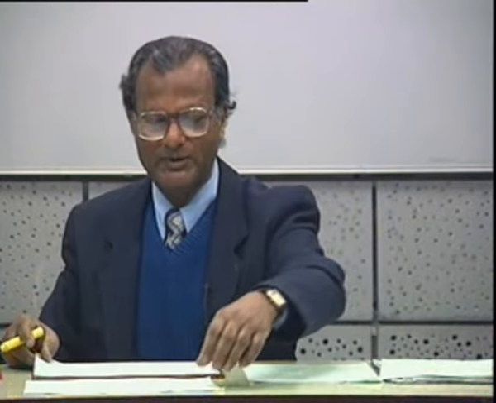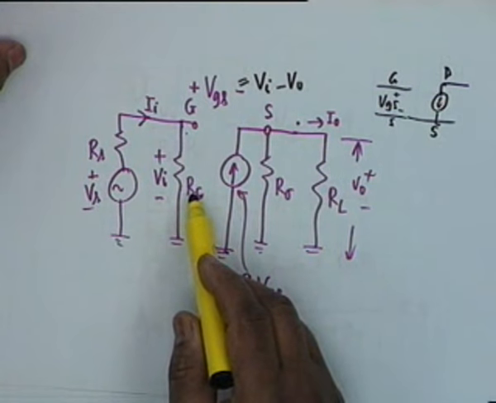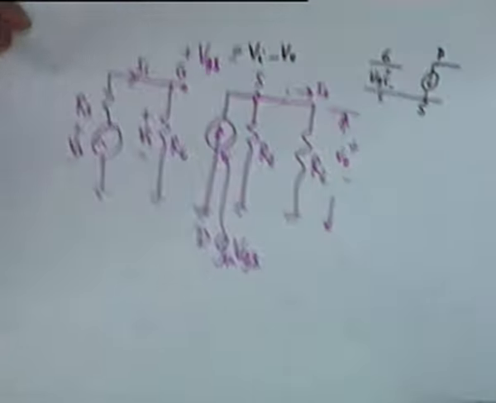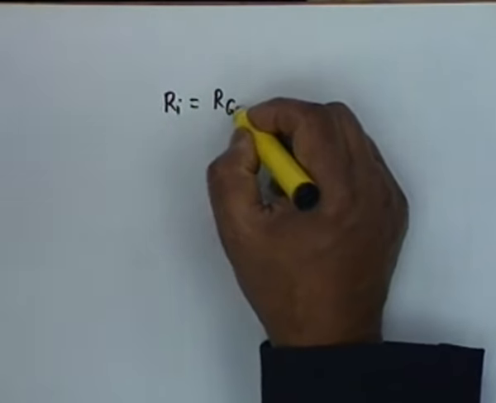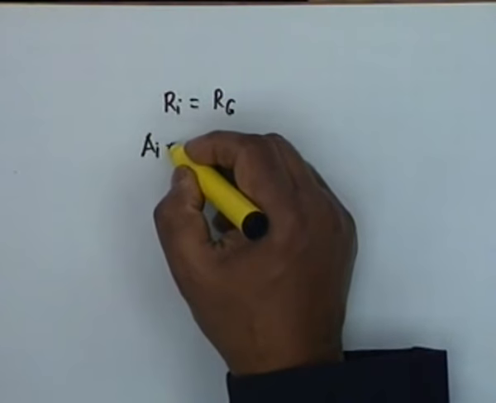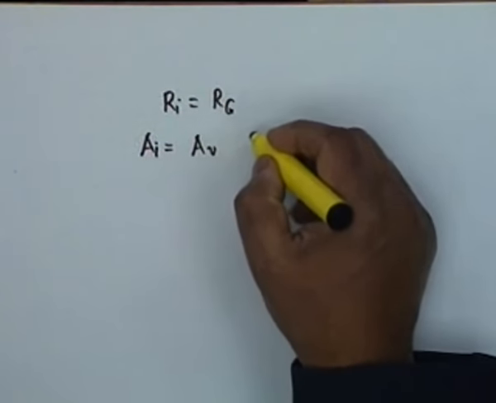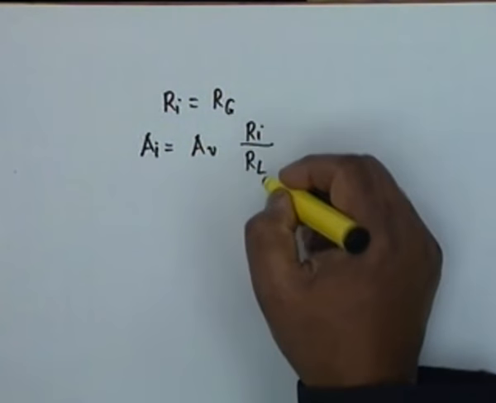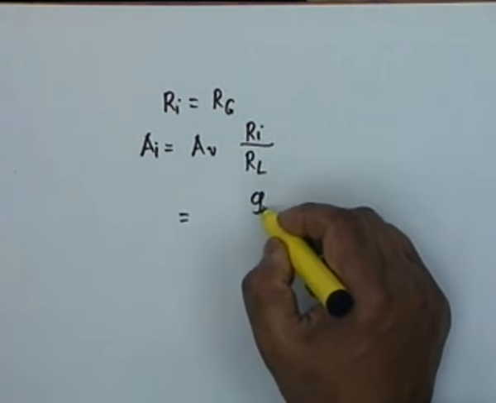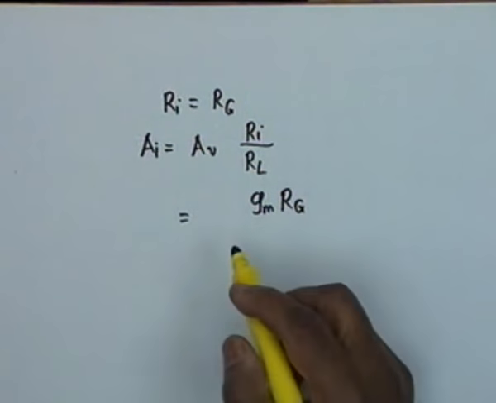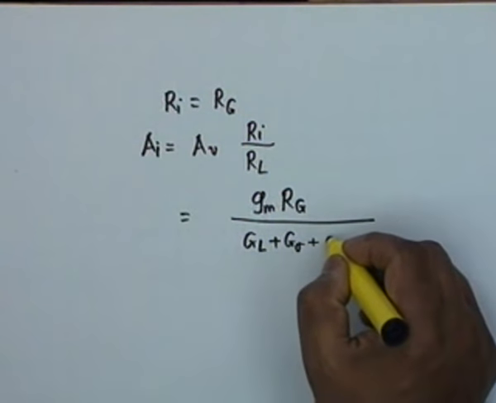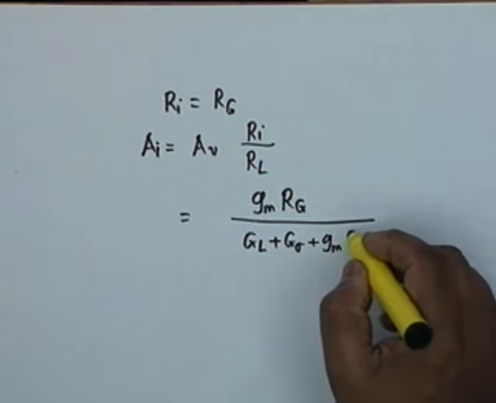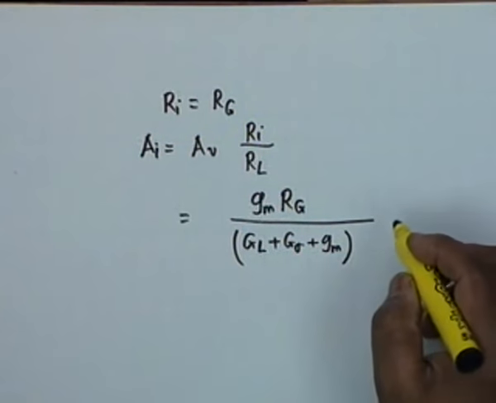Now as far as the input impedance is concerned, you can see that the input impedance is simply Rg, right? Input impedance is simply equal to Rg. So R sub I equal to Rg, and A sub I, which is equal to AV times Ri divided by RL, would be simply GM Rg divided by GL plus G sigma plus GM, multiplied by RL.